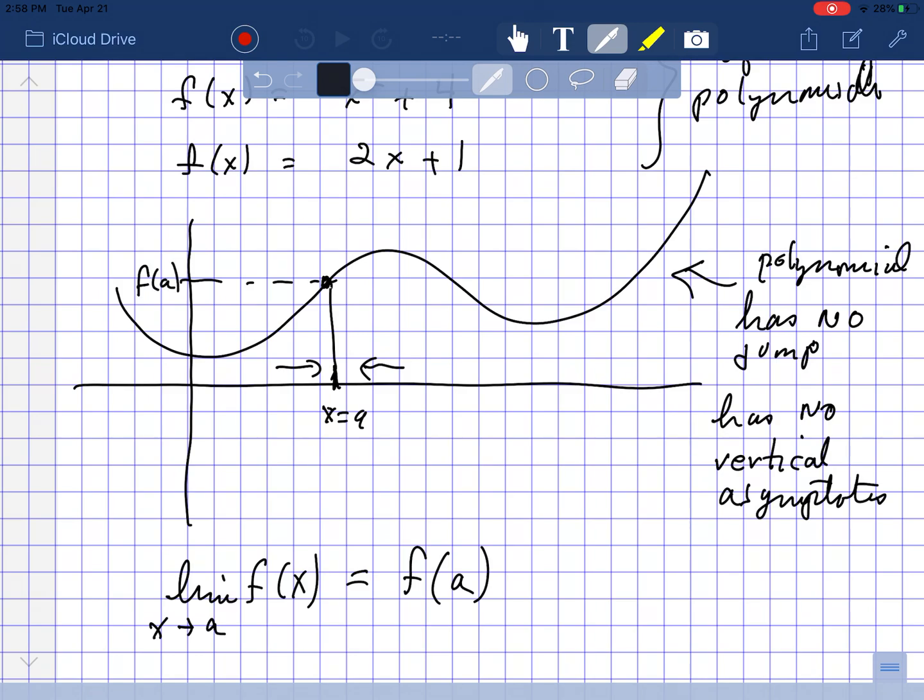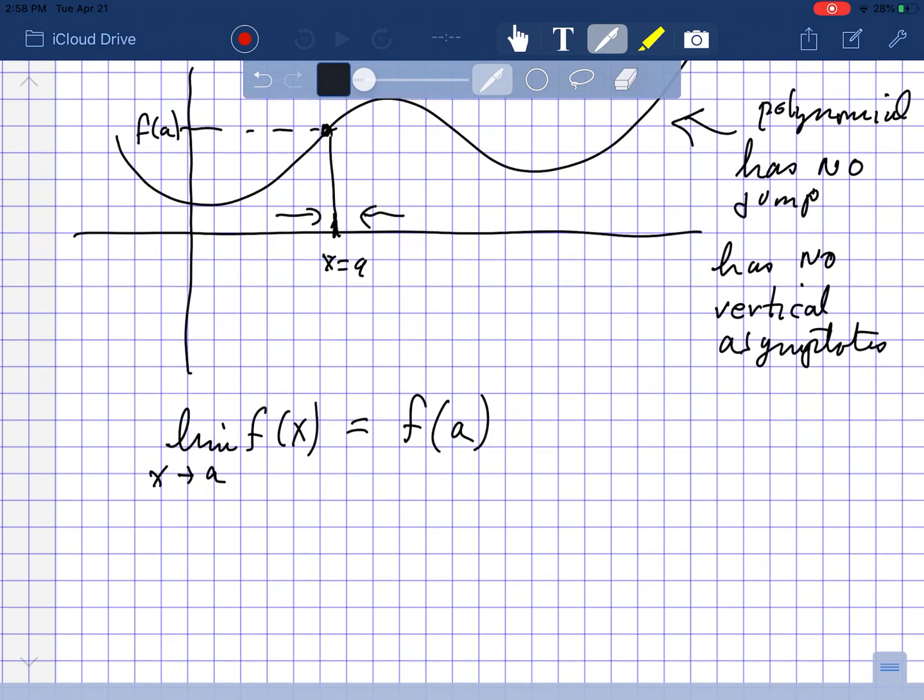All right? So here's a whole class of functions whose limits we can evaluate very easily, because the limit as x approaches some value a of a polynomial is just equal to the value of the polynomial at x equal a.